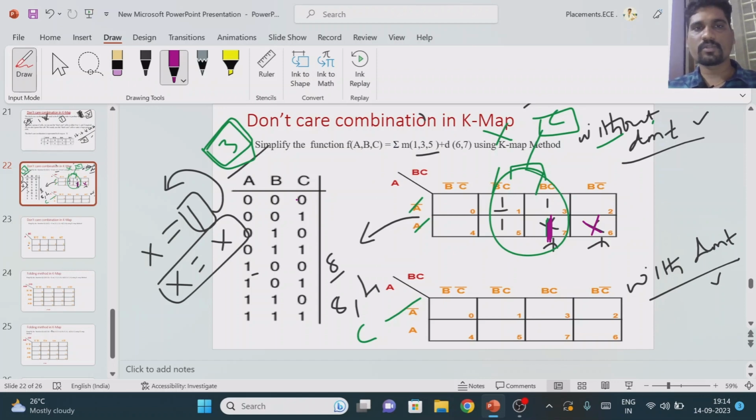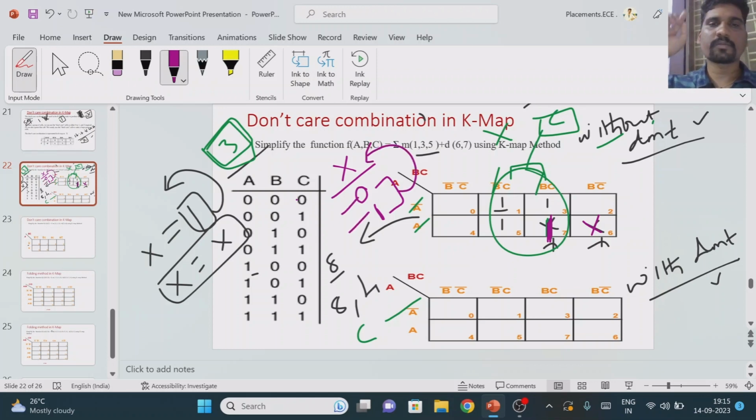So in which case do we use the don't care combination? If you don't know whether that particular output value may be 0 or may be 1, in that case we use the don't care combination. So don't care combination means it is also some single variable, guys. So what are the input possibilities? Either it may be 0 or 1, right? If you don't know either a POS function or SOP function value, then we represent it with the don't care. That's it, right? There is no great logic, guys.